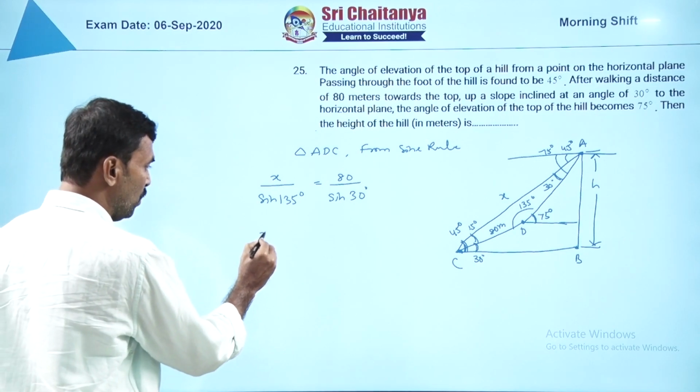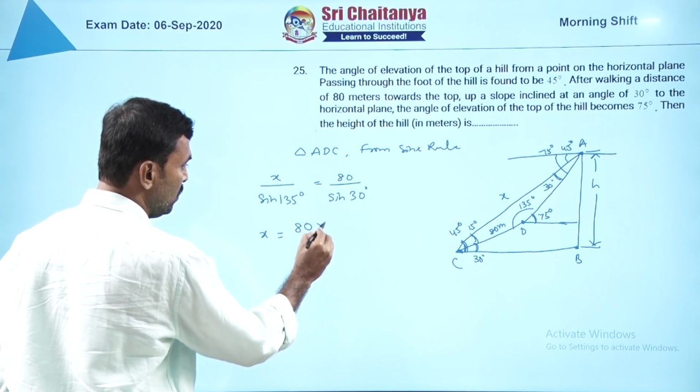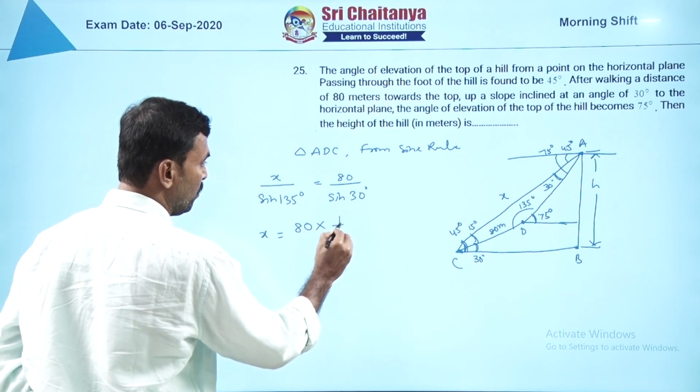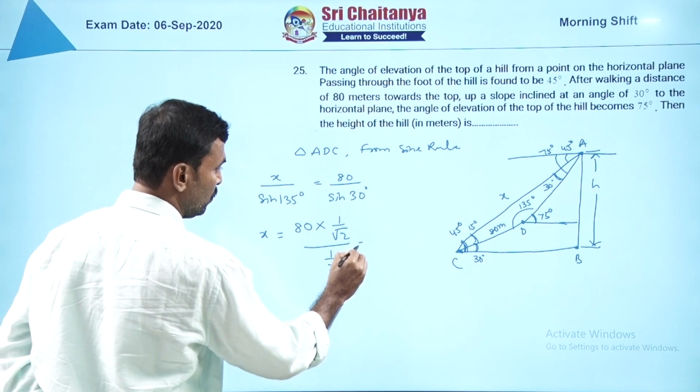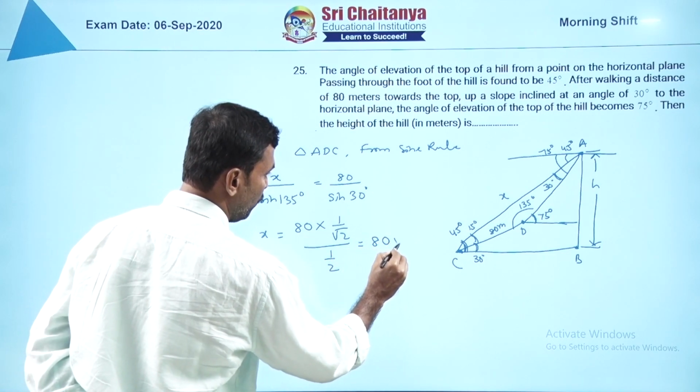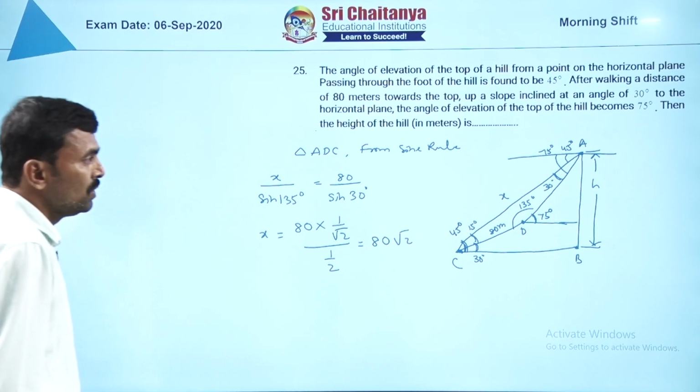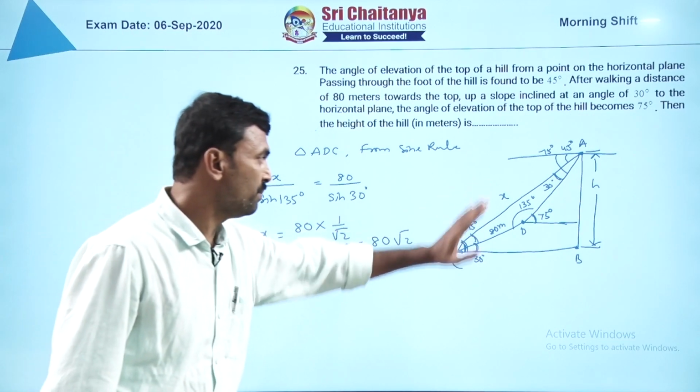So, x is equal to 80 into sine 135 value is 1 by root 2 divided by sine 30 value is 1 by 2. So, this is equal to 80 root 2 you are getting. So, x value is 80 root 2.